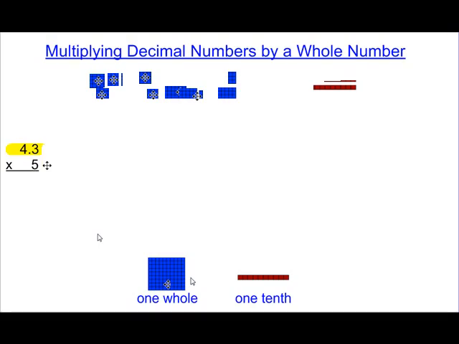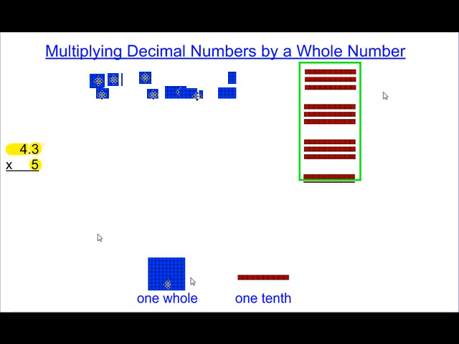Excellent. So let's start by looking at the tenths, or in our question, the tenths column. So we are multiplying 3/10 by 5, which we have represented on the right-hand side of the screen.